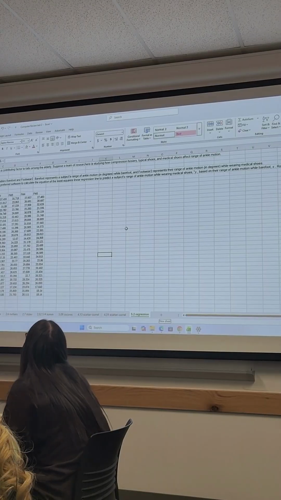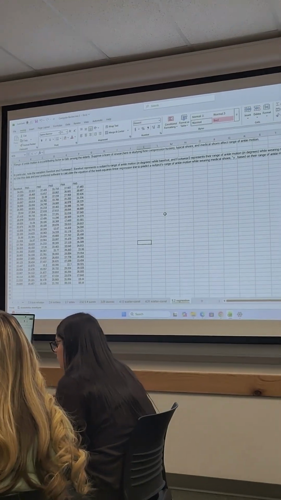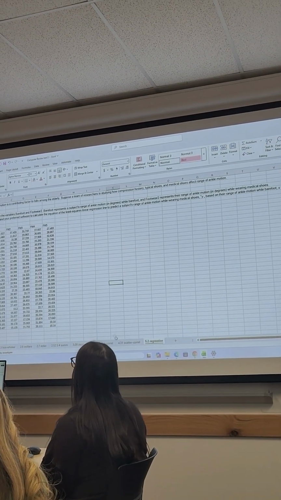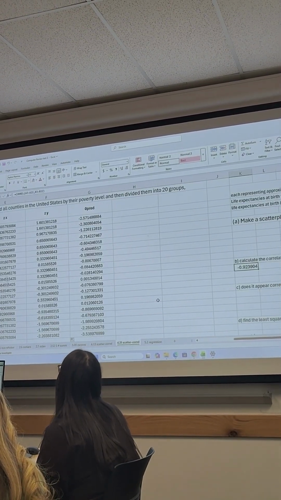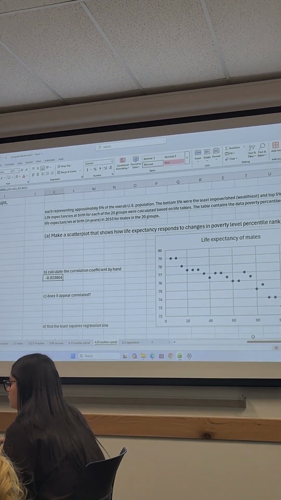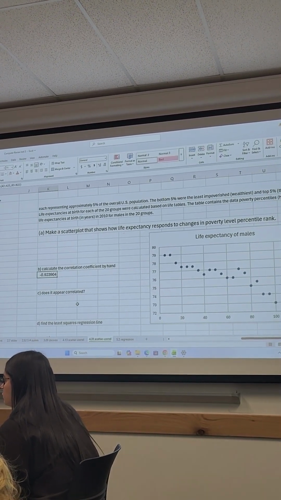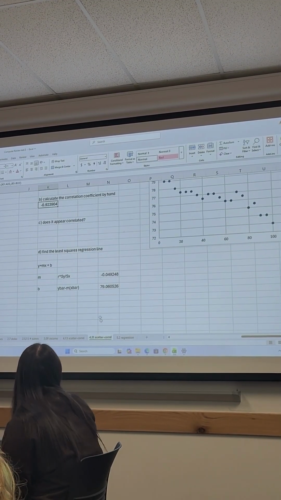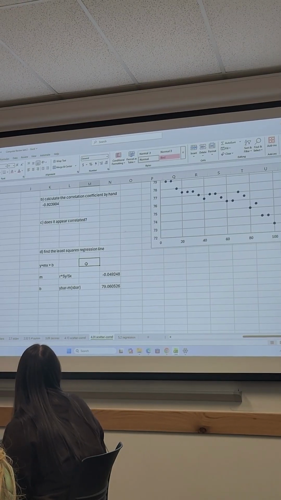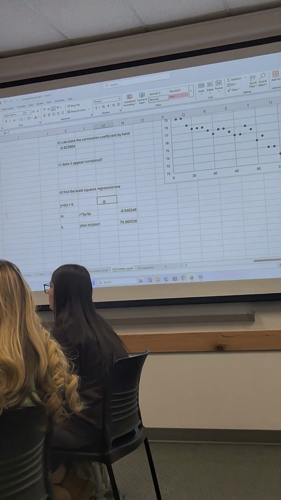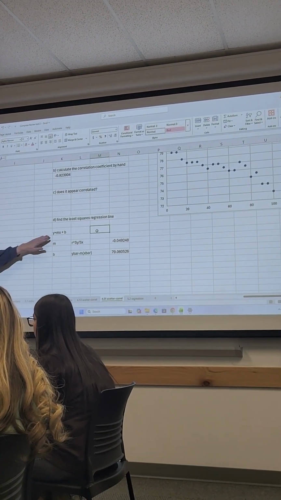Let's see. Oh, regression. This one is basically the same thing as that. So we did the regression line. Actually, we didn't finish this. Now that we've got all these calculated, can you give me the y equals mx plus b line?